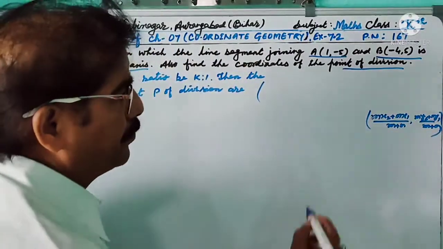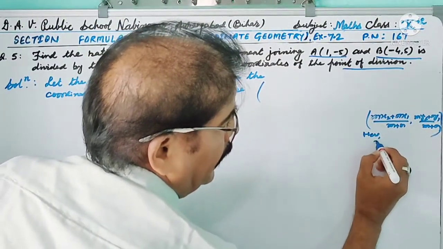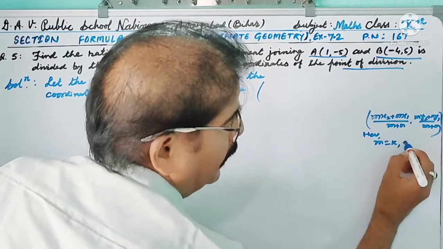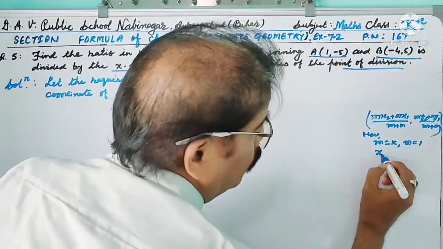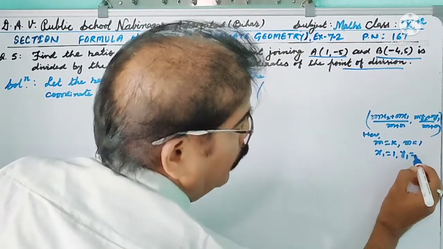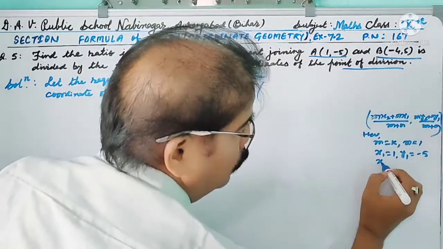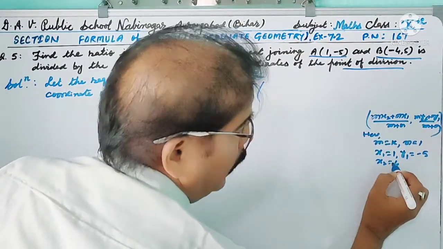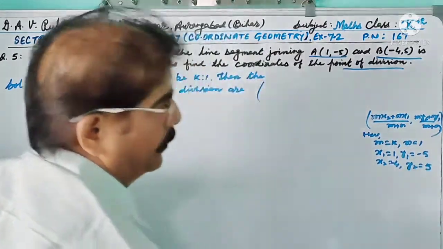Here m equals k, n equals 1, x1 equals 1, y1 equals -5, x2 equals -4 and y2 equals 5.